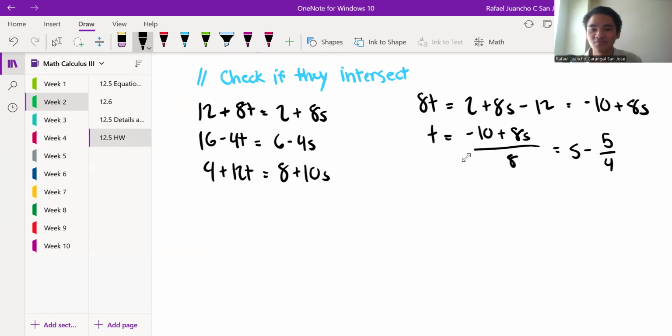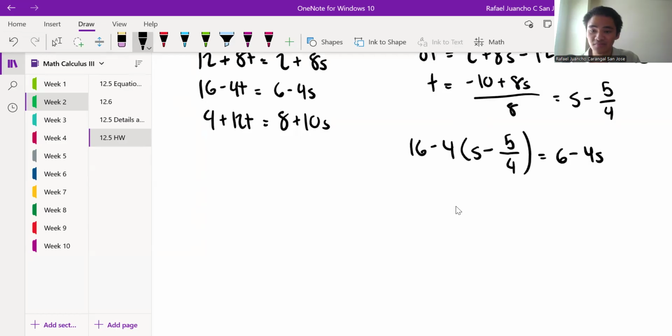Now we can plug in this value of t to this other equation here. So let's say we got 16 minus 4, then we plug in t in terms of s. So we have s minus 5 over 4 equals 6 minus 4s. So instead of t, we plugged in something in terms of s.